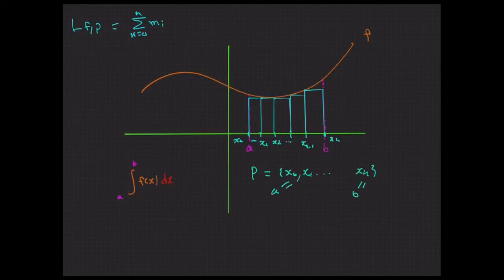And then I'm going to multiply it by x_i minus x_{i-1}, which is the length of the ith subinterval in the partition. And that's this blue thing that we get here.